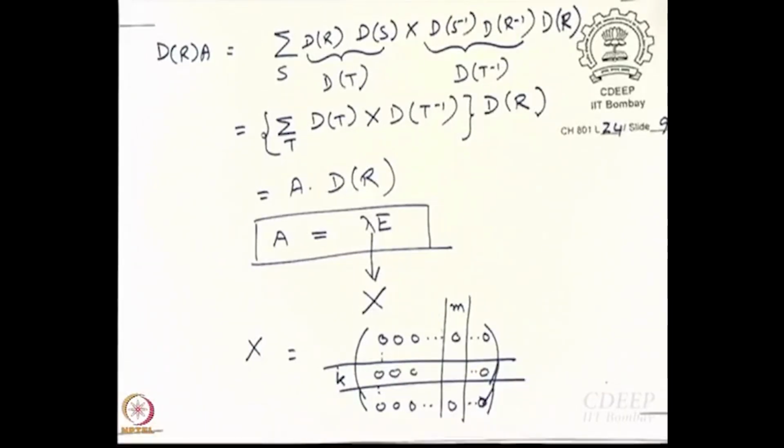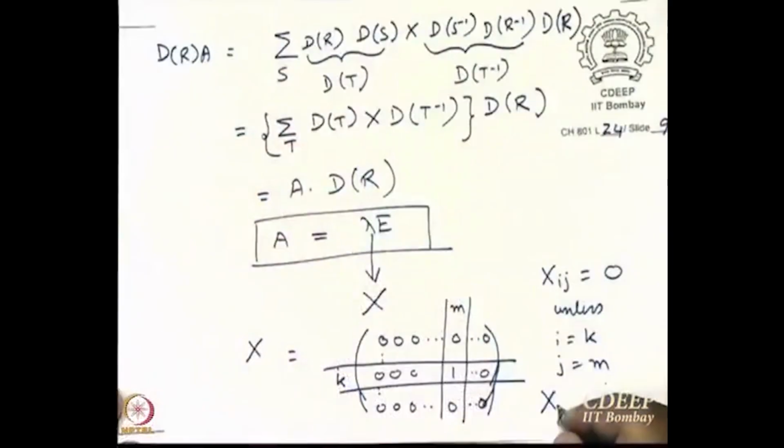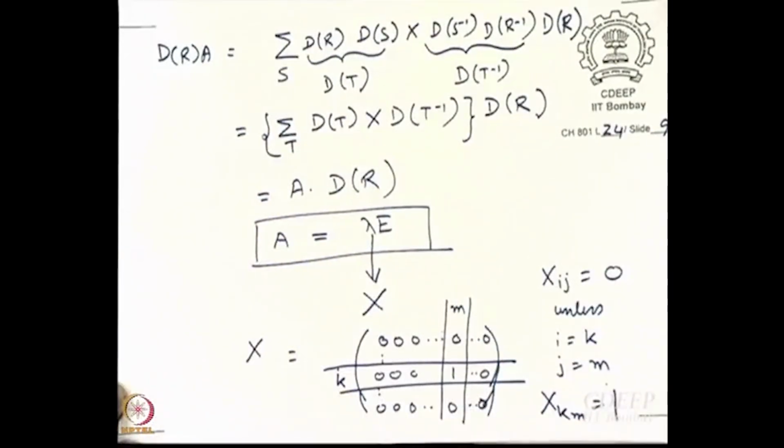I make everything 0. Of course, if we make everything 0, then we might as well go home. You have a null matrix, right? Everything but 1. Okay? So I want to work with an X matrix such that Xij equal to 0 unless i equal to k, j equal to m, and Xkm is equal to 1.